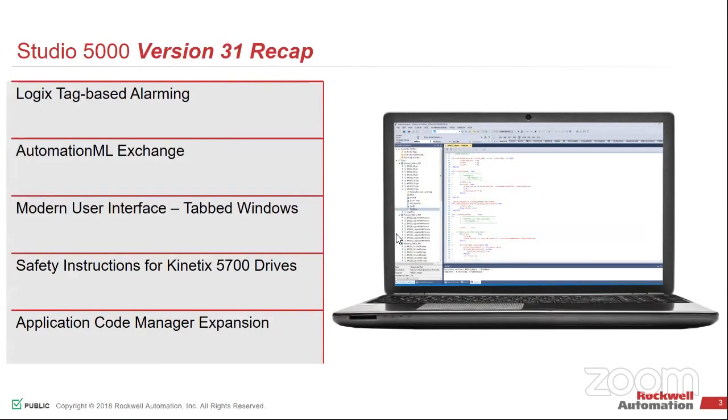We also went through a modernization of the user interface with version 31 that continues with 32, and there are some new things there. Some safety instructions have been added for the Kinetix drive, and Application Code Manager has been expanded some.